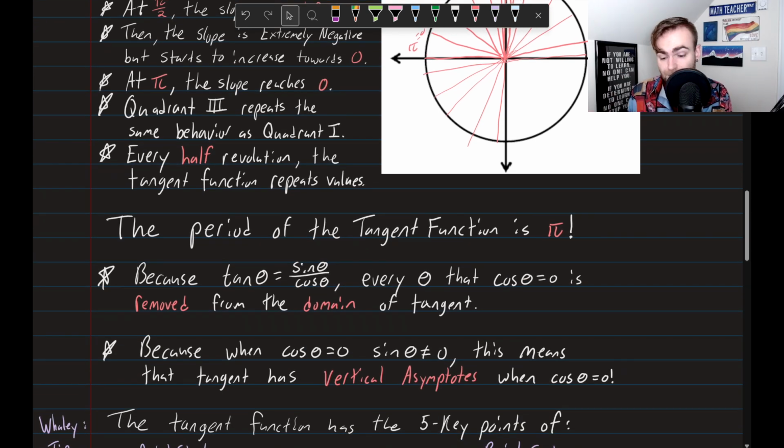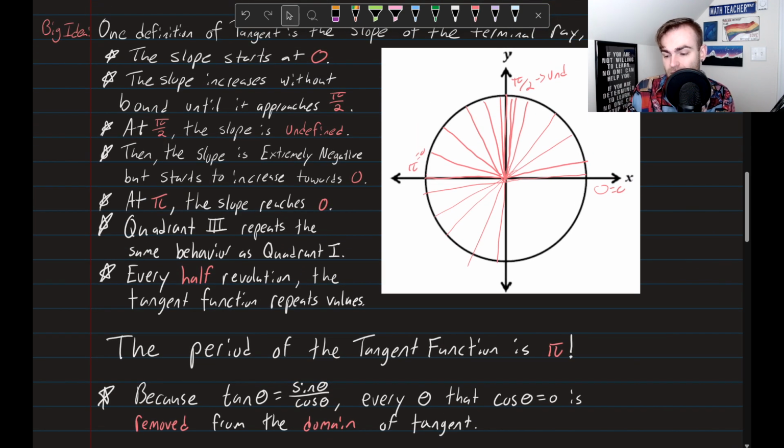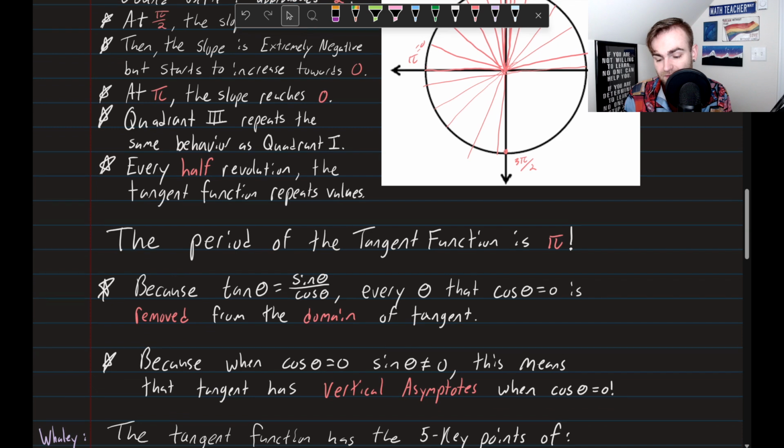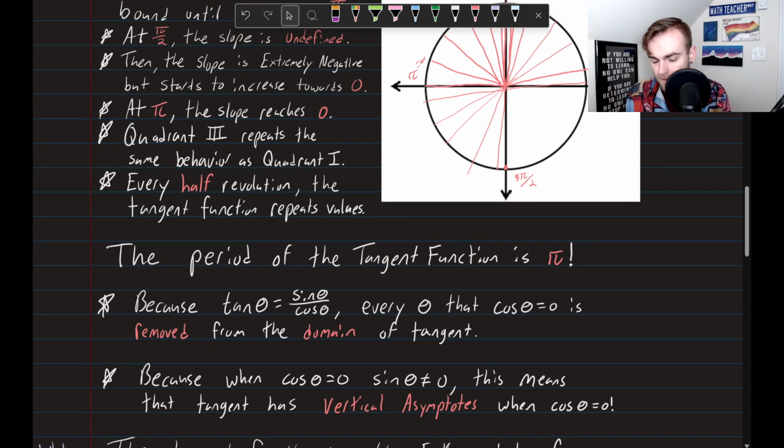More about the behavior. Because we can define tangent as a ratio of sine to cosine, every angle that causes cosine to be 0 is removed from the domain of tangent. And we can actually see that here. Cosine is 0 at pi over 2, and cosine would also be 0 at 3 pi over 2. So we're going to have to remove them. We can't use them because then we divide by 0, and that causes us problems.